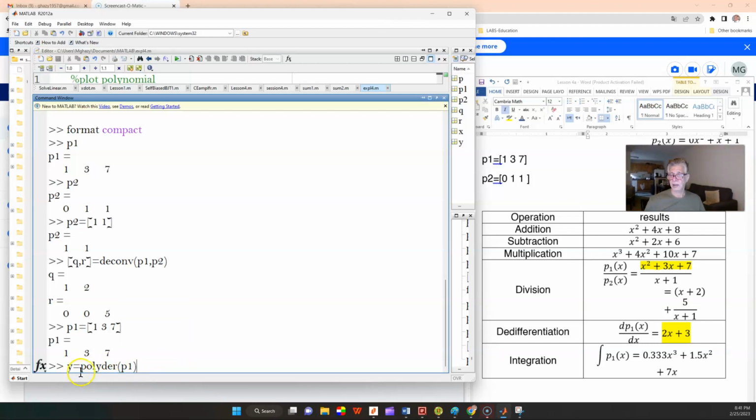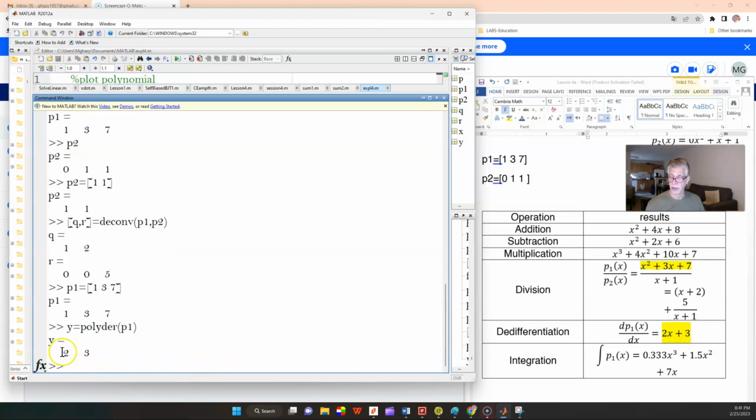So you want to find the derivative of the polynomial P1. The polynomial coefficients are 1, 3, 7, and we expect to get 2x plus 3. We expect to get 2, 3. Here you go. That's right. We got 2, 3. 2x plus 3.